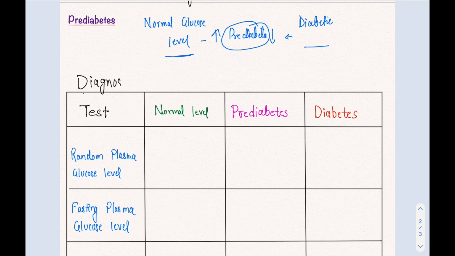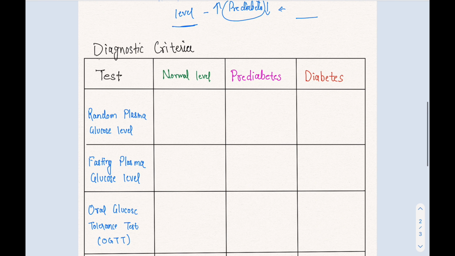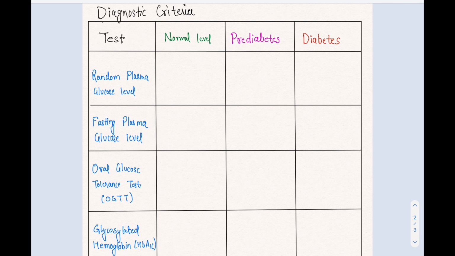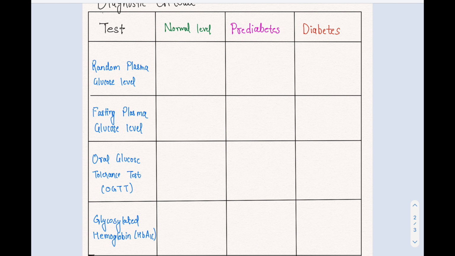So now let's talk about the diagnostic criteria for diabetes mellitus. There are different tests that we could perform. We could perform the random plasma glucose level, in which we would basically be checking the glucose level in the plasma at any random time.